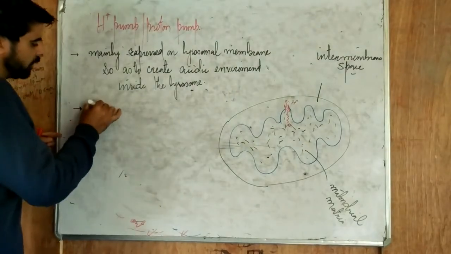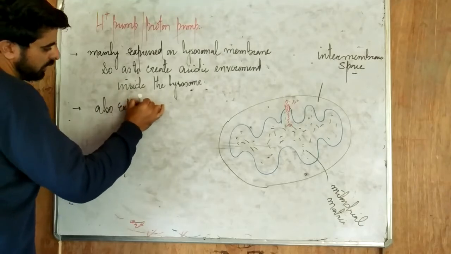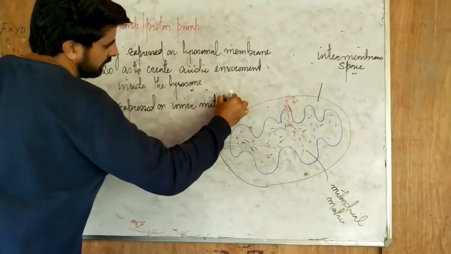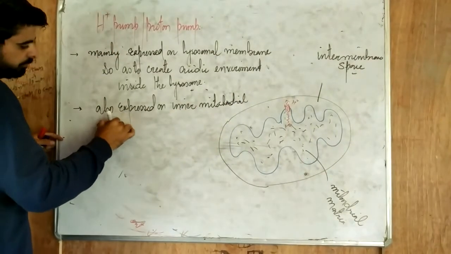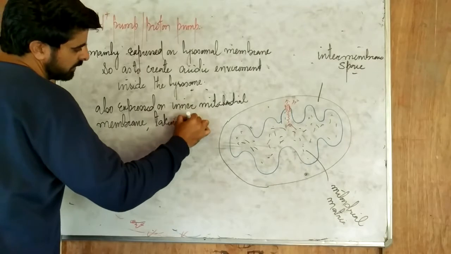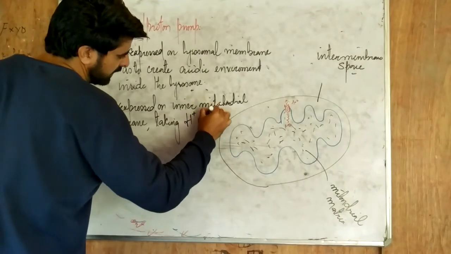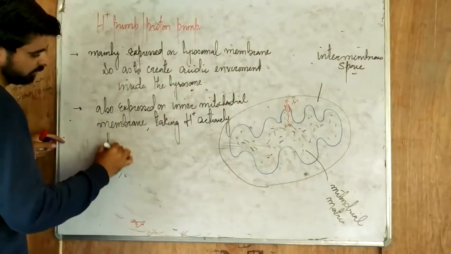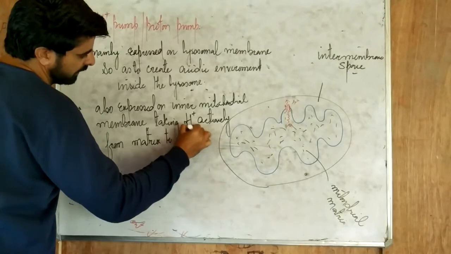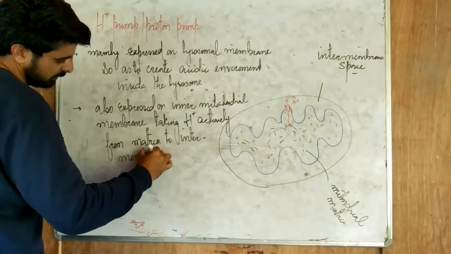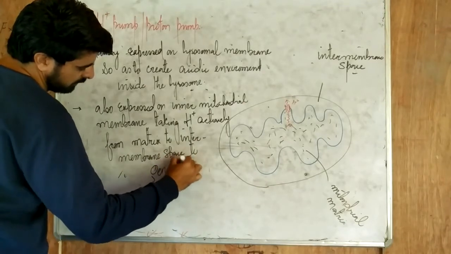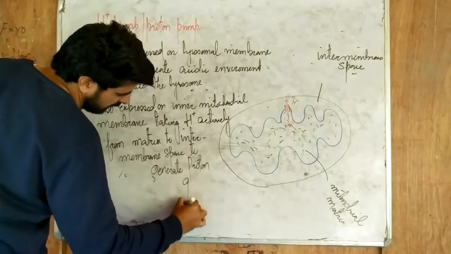So we can also say they are expressed on the inner mitochondrial membrane, taking protons actively from the mitochondrial matrix to the intermembrane space to generate proton gradient force.